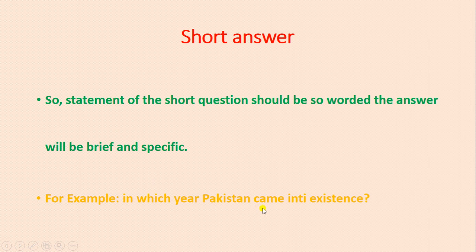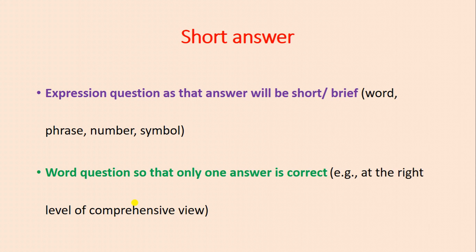For example, in which year did Pakistan come into existence? Easily they can write down the year when Pakistan came into existence. My dear students, the question should be expressed so that the answer will be short and brief.